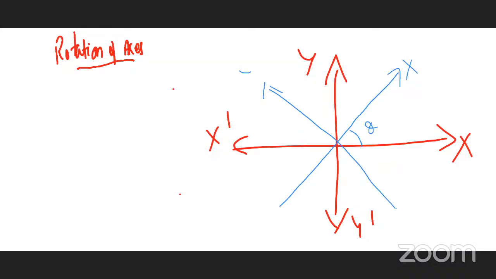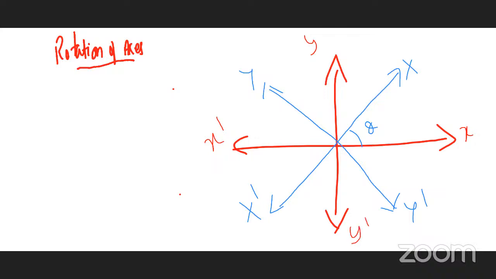I take this as my small x dash axis, and that's my y dash axis. So the same way, this becomes my small x-axis, small y-axis, small x dash axis, small y dash axis.